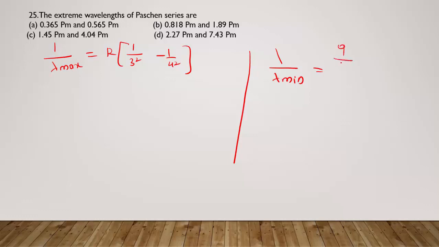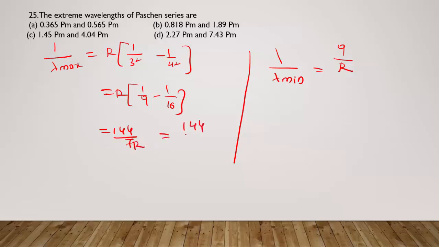For the maximum, R into 1 by 9 minus 1 by 16, we get the value 144 divided by 7R.